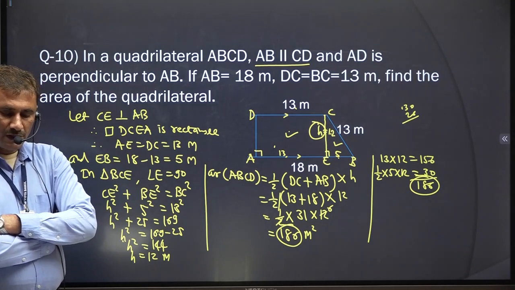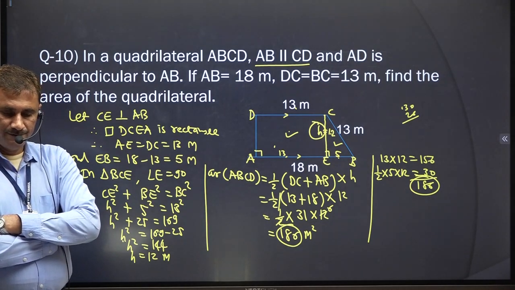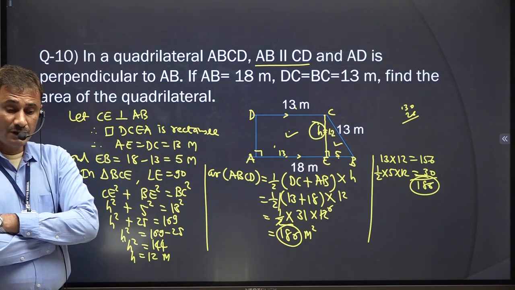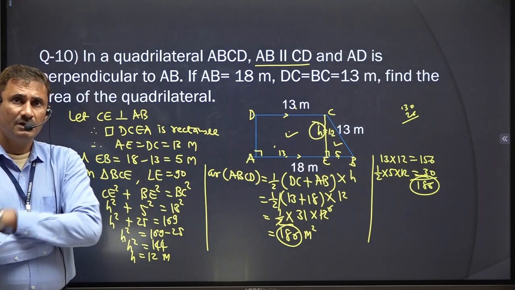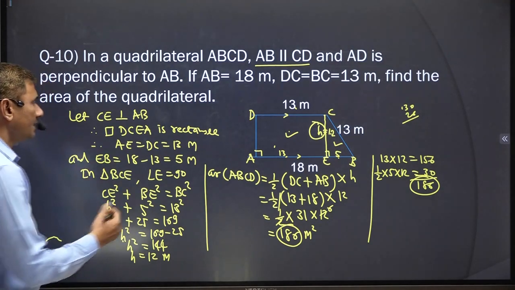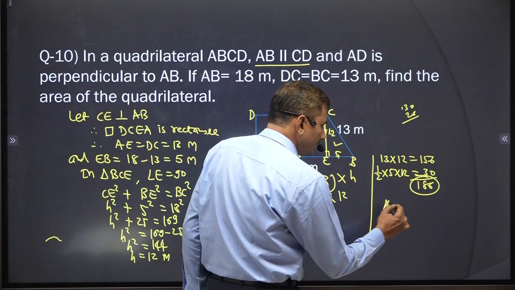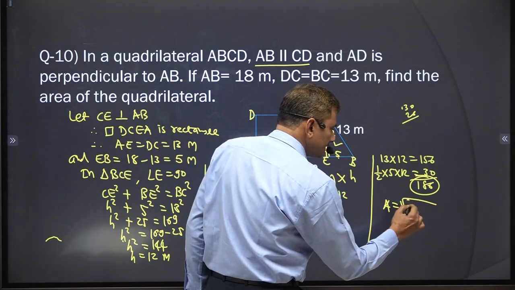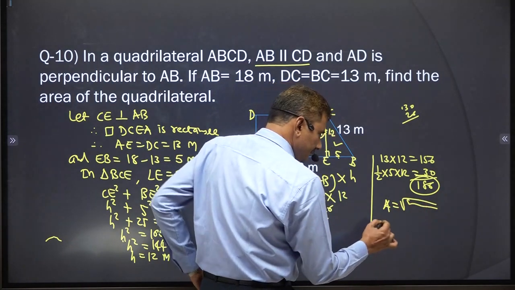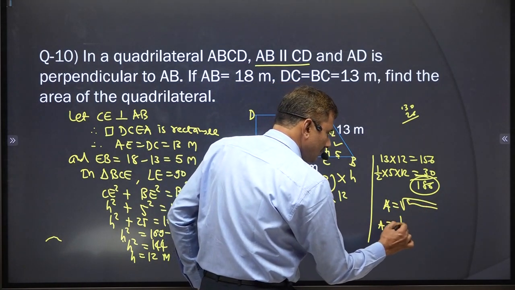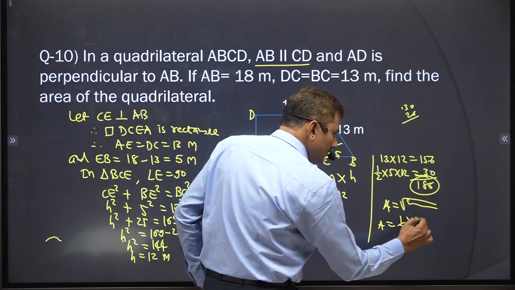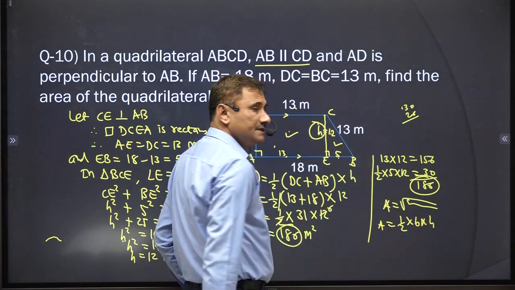So now look at number 18. I hope you got particularly 14 and 15. Again I am telling you, after getting the area by Heron's formula, like S minus A whatever may be, you again write the same formula, half into base into height.